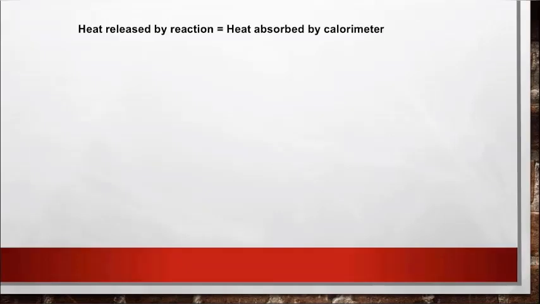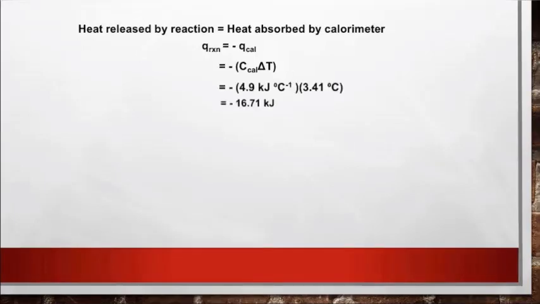Therefore, to answer this question, the heat released by the combustion of sucrose will be absorbed by the calorimeter, and this is the formula. Using all the information that you have extracted out from the question, just substitute the value into the formula. Heat capacity of the calorimeter is 4.9 kilojoule per degree Celsius, and the temperature change is 3.41 degrees Celsius.